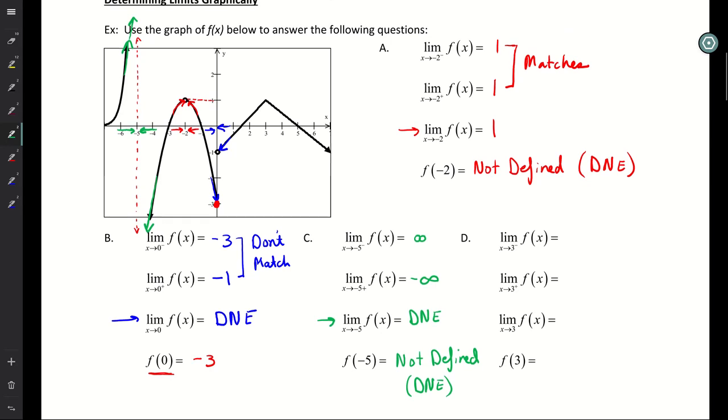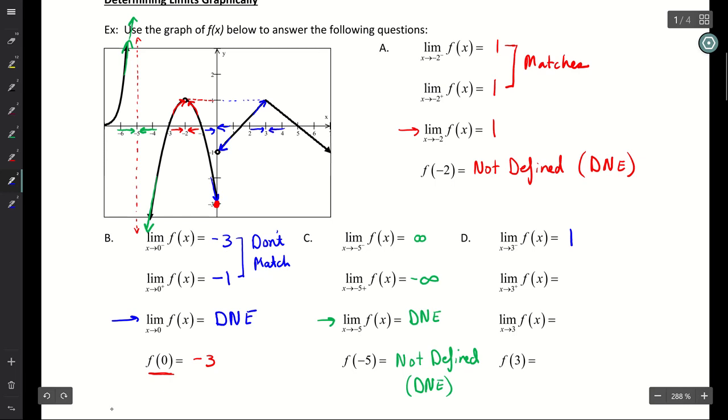Part D says we want to look at the limit as I approach 3 from the left. Coming over and looking at 3, let's approach 3 from the left. That means I'm on this part of the function. What value am I getting close to as far as my y value? Looks like I'm getting close to 1 again. So the limit as I approach 3 from the left is 1. How about the limit as I approach 3 from the right?